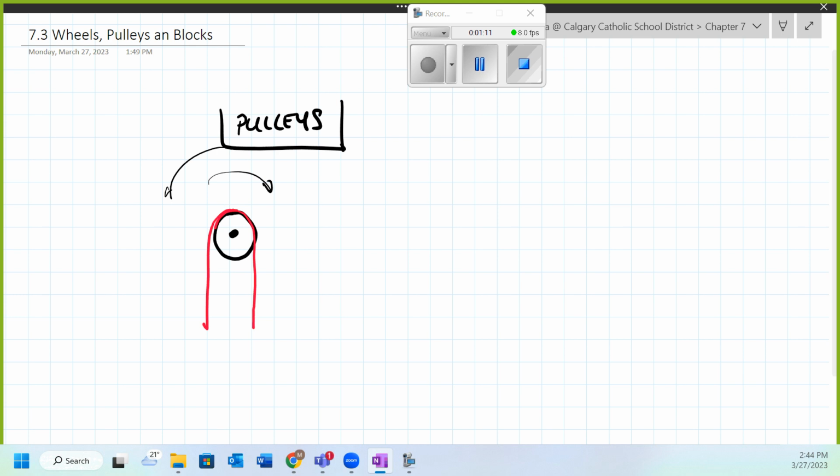On one end of the rope, you will see that the load is attached, and on the other one we will see the effort.